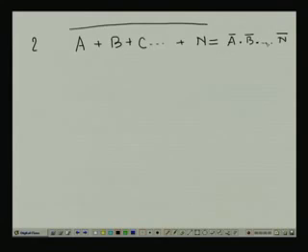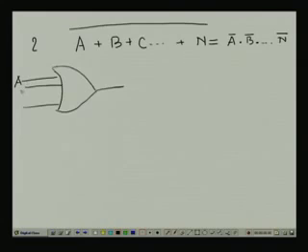Now, what will be, if we take the logic circuits, then the left hand side will be an n input OR gate, A, B and it is inverted, and say this is my y.